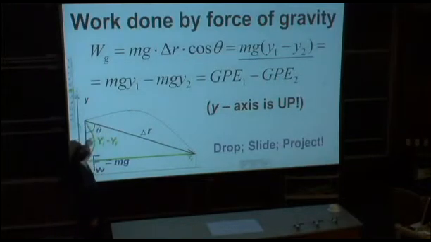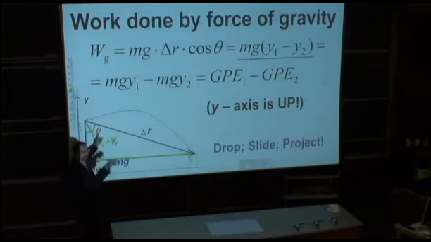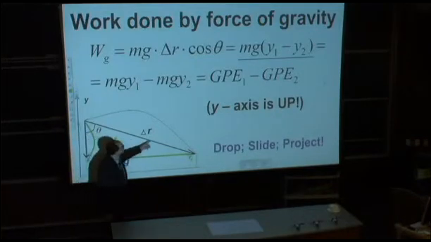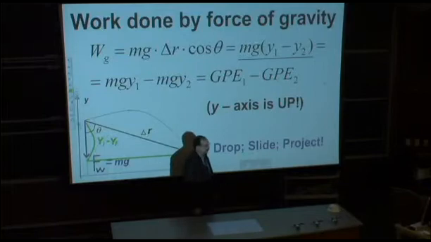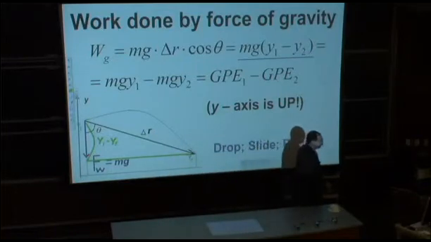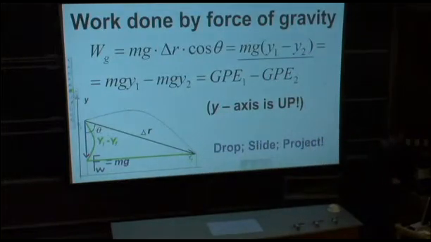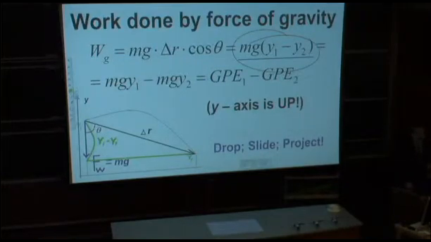Force equals mg, displacement, well, whatever displacement it is, and the angle. Mathematics, if we work it out, gives a very simple result. This is the most convenient equation for calculating work done by gravity. It's just the mass of an object times g times initial height minus final height.